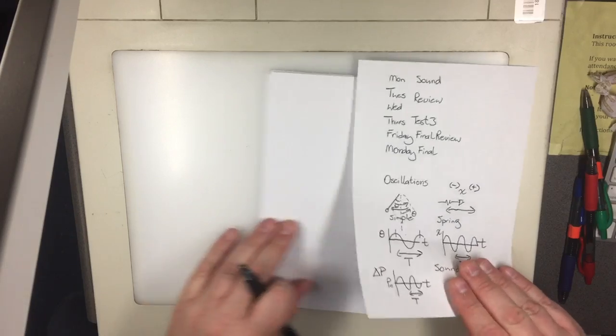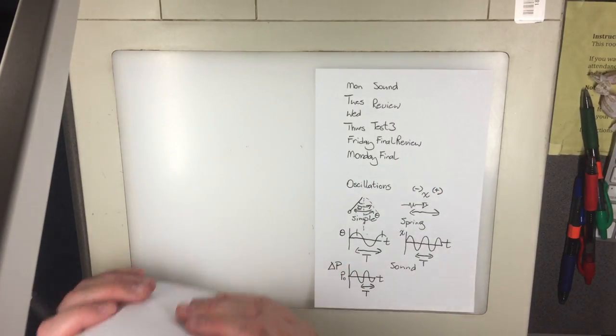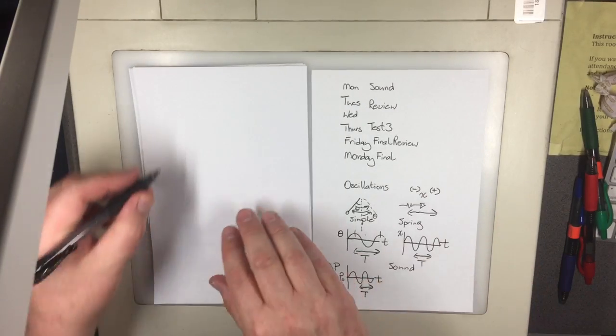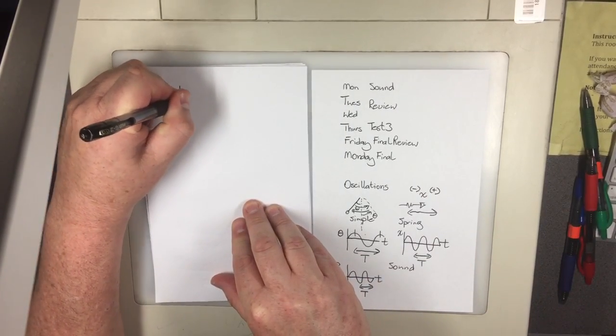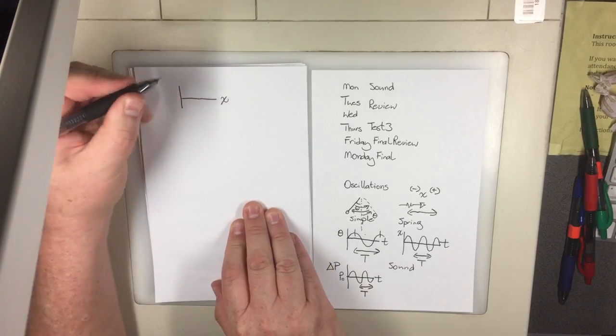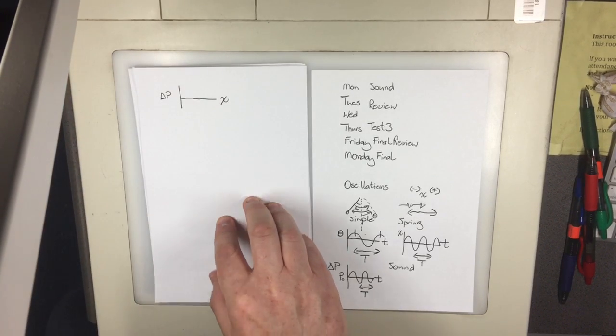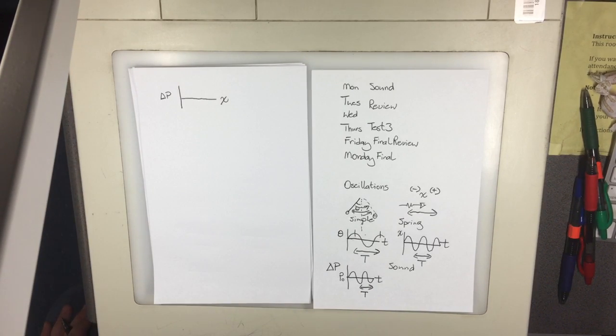Now with sound, we add another little change to what goes on. If we plotted the change in pressure as a function of position, let's just say for a moment that we all have the ability to control time and to stop it and then study it.